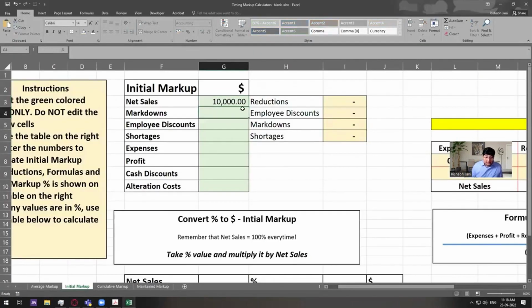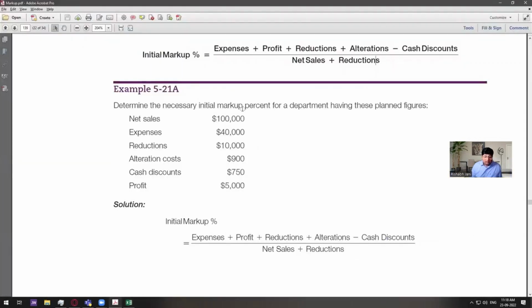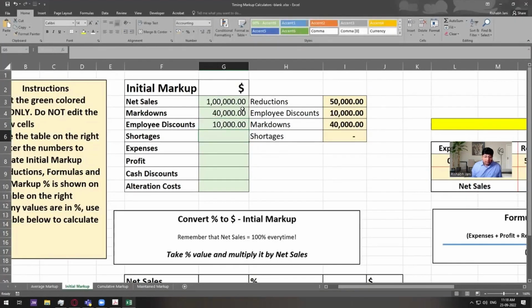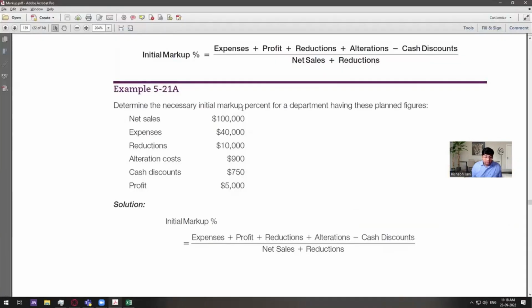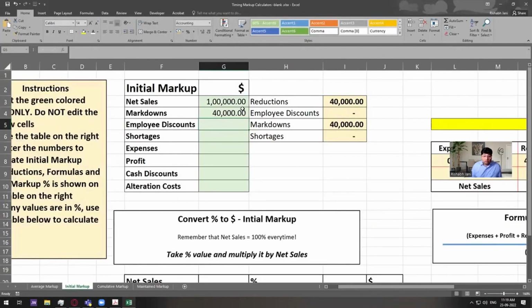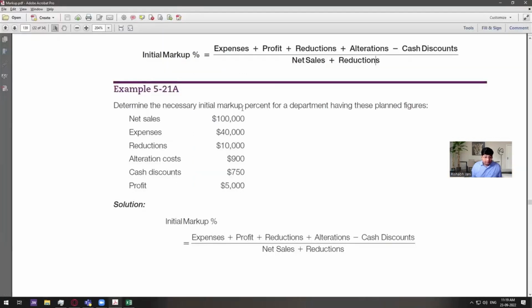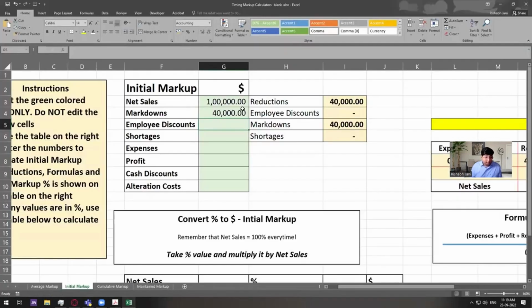So 100,000 sales, 40,000 markdowns. We have 10,000, oh sorry, that's reductions. So reductions is 10,000 total. We've not added that here, but let's just make it 10,000 here, right?